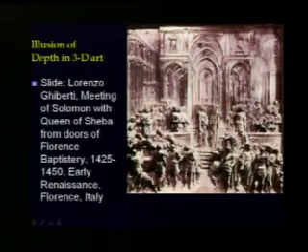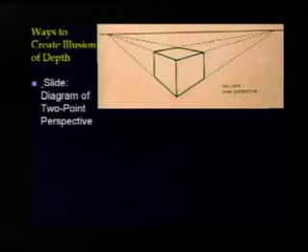And so again, it does give you that sense of three-dimensionality even in sculpture. So not only did they begin to mess with the foreshortening and not use it as it had originally developed, they also began to use a different kind of perspective called two-point.